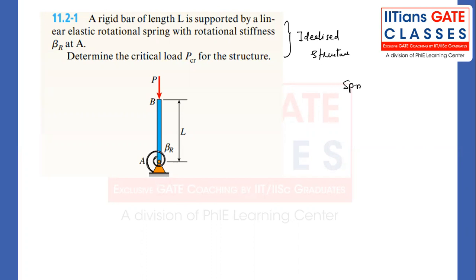Generally, we have two types of spring. Note down. One is the linear spring. Second is the rotational spring.